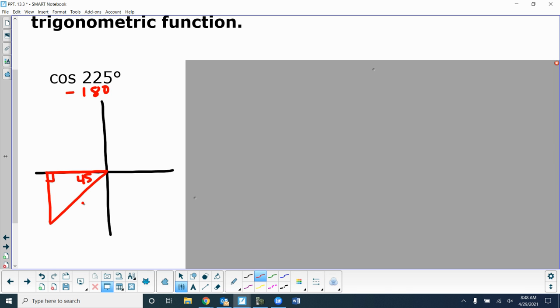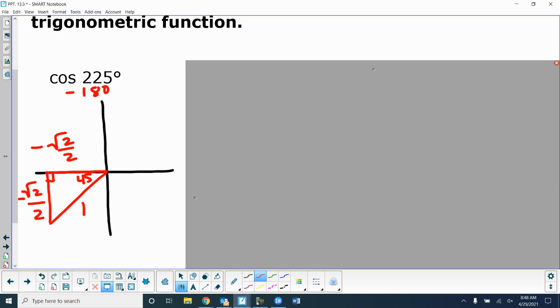What's this always? 1. What did we just learn? That we just did it. We divided by what? Right. So this is radical 2 over 2 when we rationalize. Now, since we're in the third quadrant, x is negative and y is negative, right? Because we're going left and we're going down.